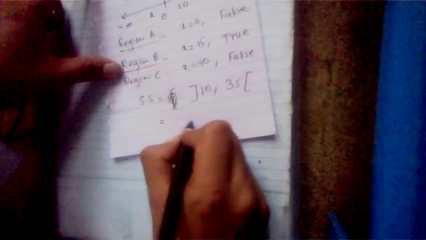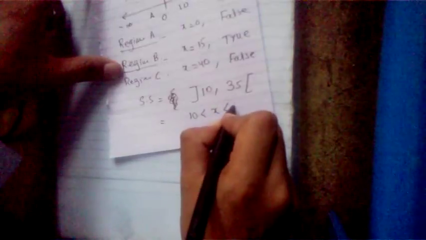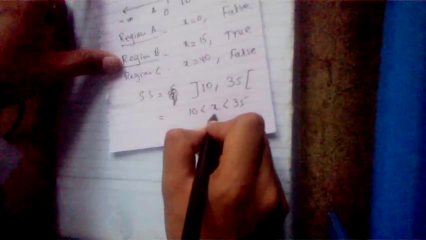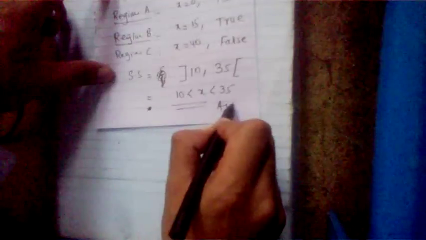So all those values which lie between 10 and 35, all those values of x that lie between 10 and 35 are those values that will yield a profit, and that was the required result.